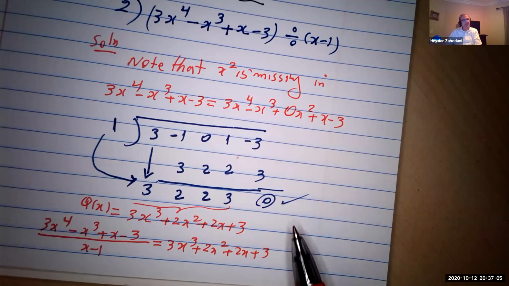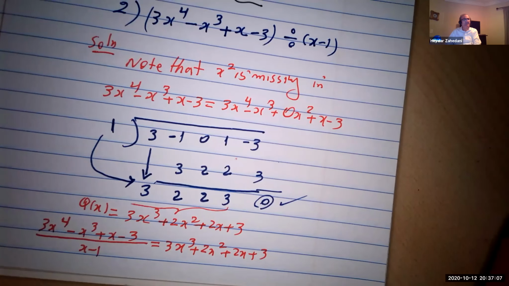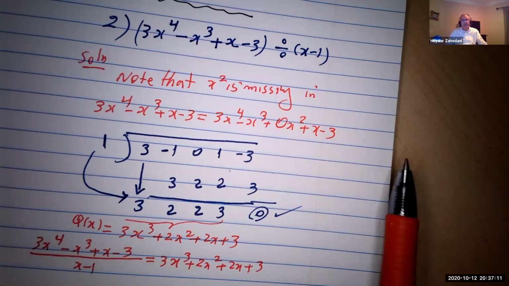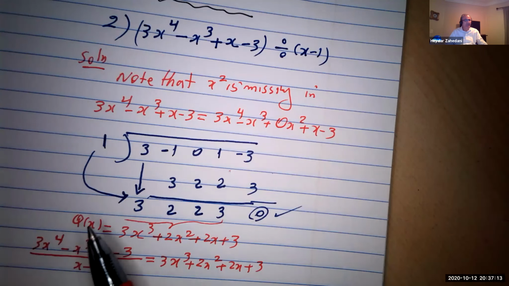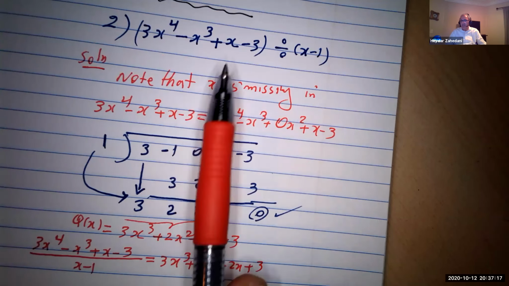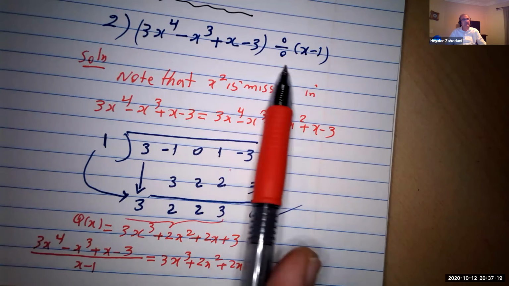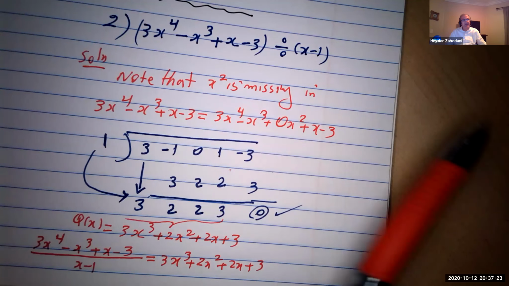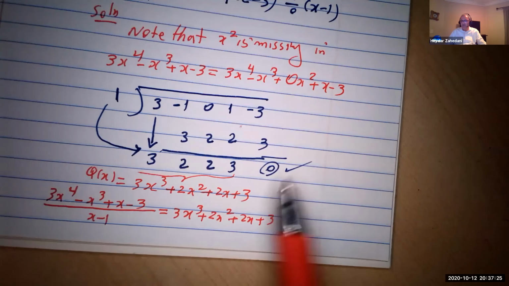This procedure that I did, some people call it the remainder theorem, and some people call it the factor theorem. The factor theorem will tell you that if this is going to be divisible, then we can write it down as a factor. Factor means cross multiply.